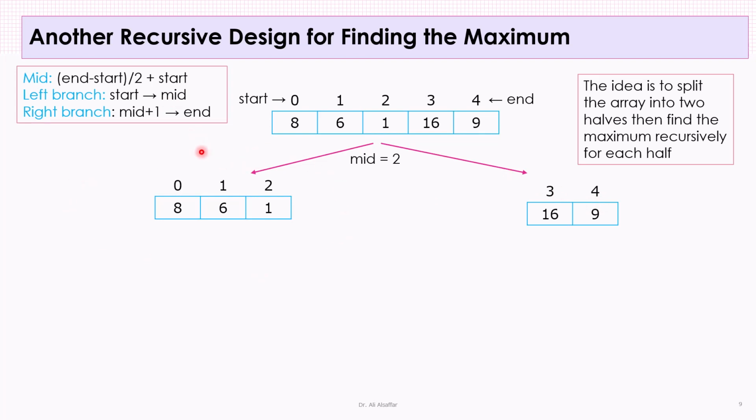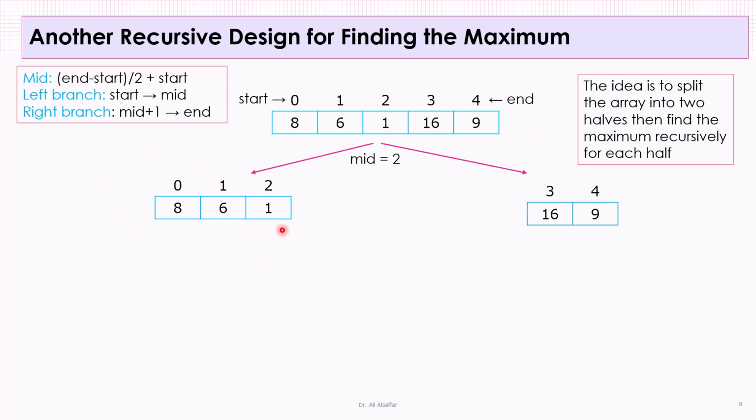When we call the method on the first half, we give the start the same value as the start of the parent array, and for the end we give it the value of mid. When we call the method recursively on the other half, for the start we give it mid plus 1, and for the end we give it the end of the parent array.